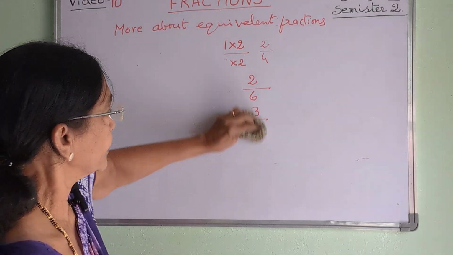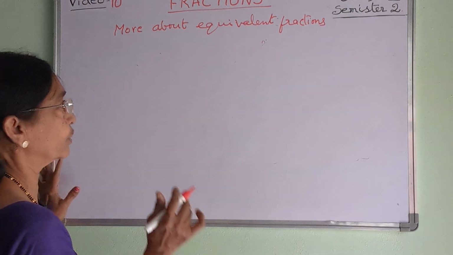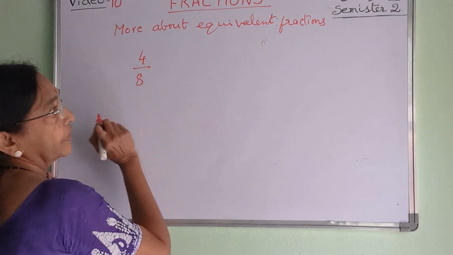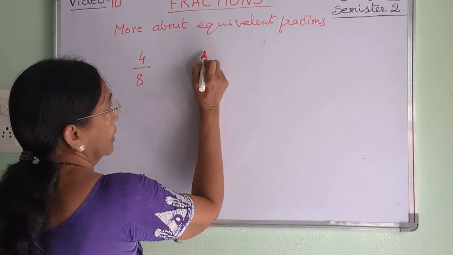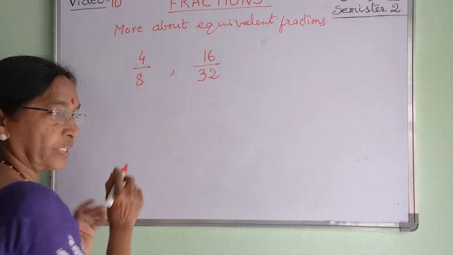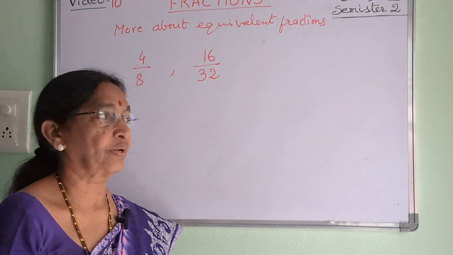Similarly, let us consider two equivalent fractions, 4 by 8 and 16 by 32. These two are equivalent fractions. Let us verify whether they are equivalent or not.